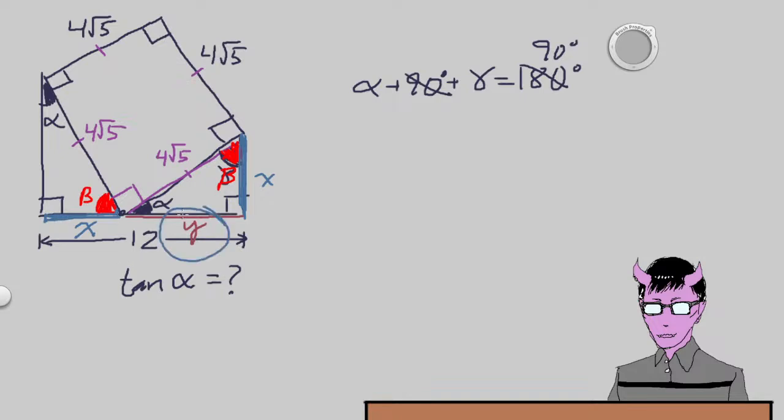And here's the thing, again, some people might be tempted to set this up as x and set this as y, but since we have a 12 here, I'm not going to call that one y. Because if we call that one y, we have two unknowns to deal with.